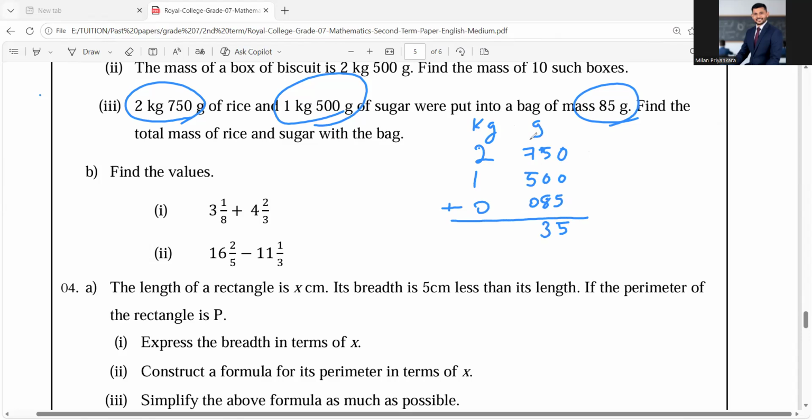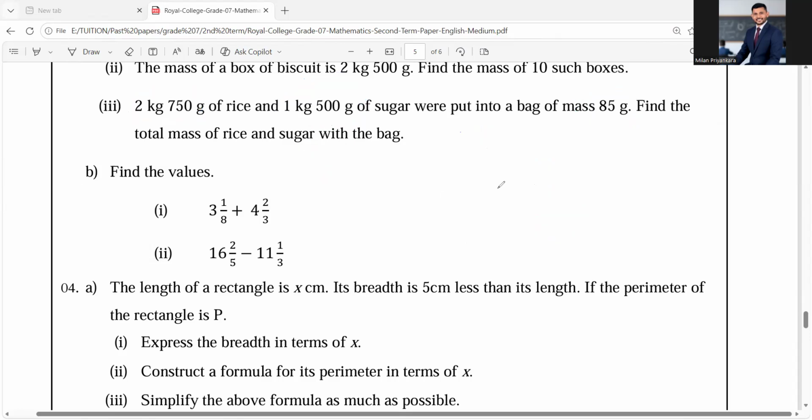You write 3 here, 1 carries. Now 8 plus 5 is again 13. You write 3, 1 carries, and this one with that 1 plus 2 is going to be 4. Then the total mass is 4 kilograms 335 grams. Okay, right, that's it.